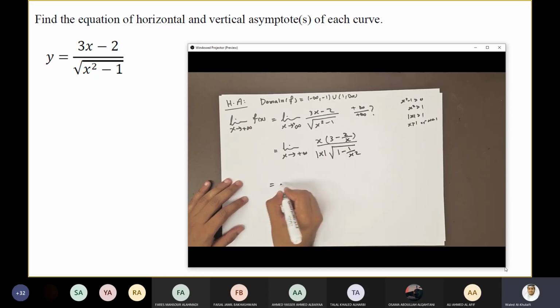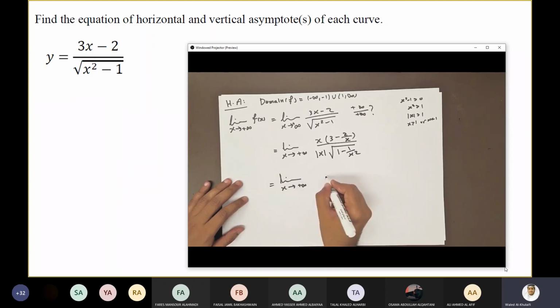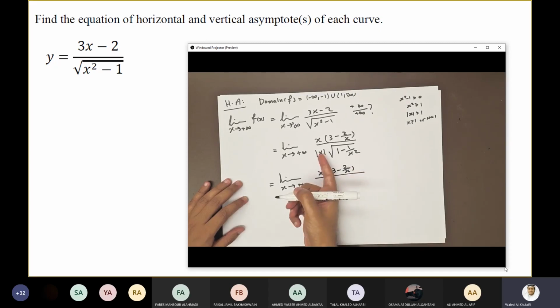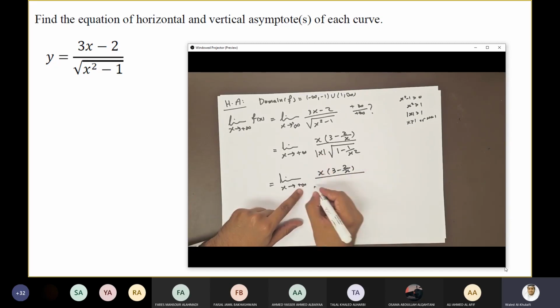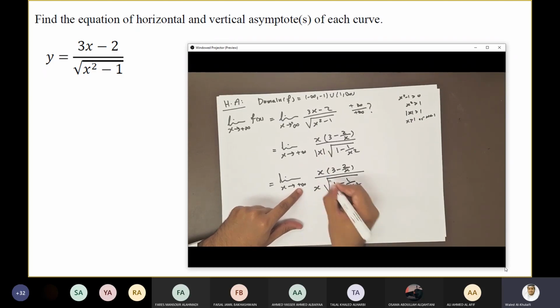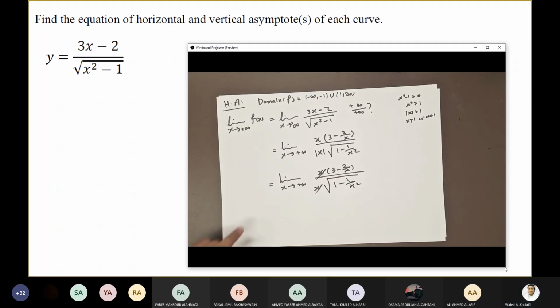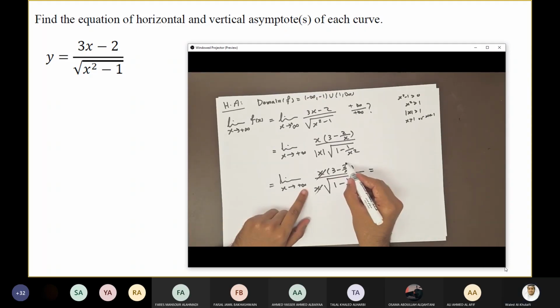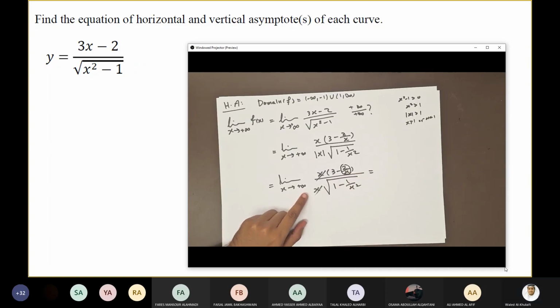And then this will be the limit as x goes to plus infinity. I have to ask myself, what should the absolute value be? I have to remove the absolute value, but x is going to plus infinity, which means x is positive, so it will be x like this, and these will cancel. When x goes to plus infinity, this goes where? 0.